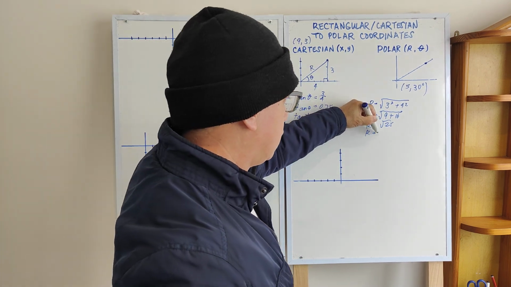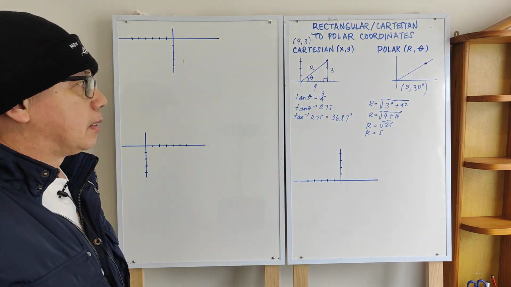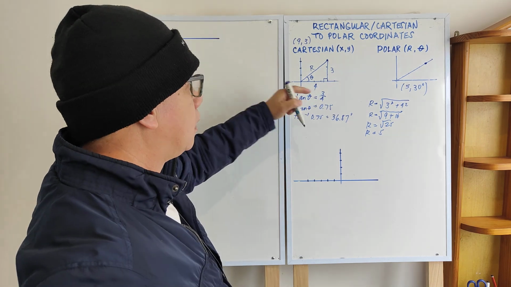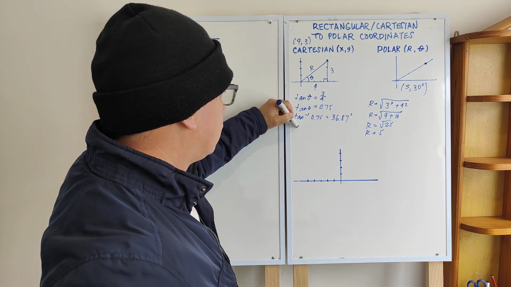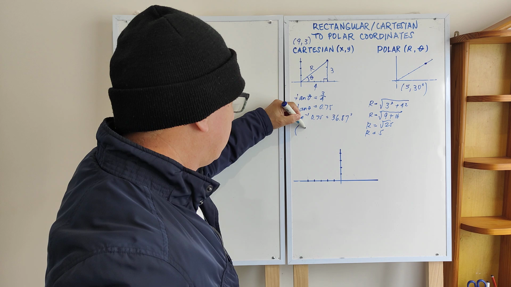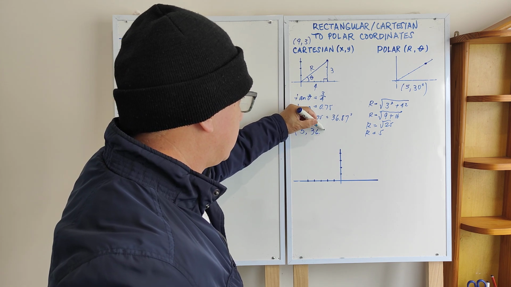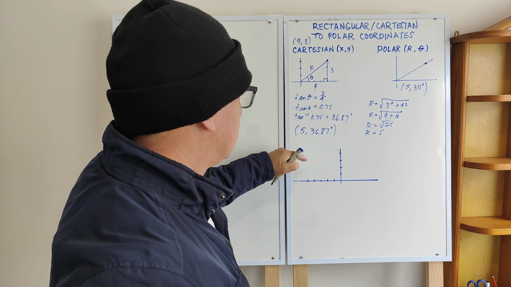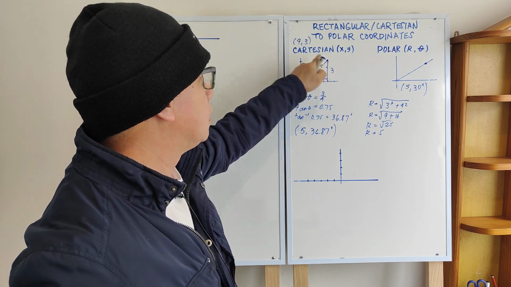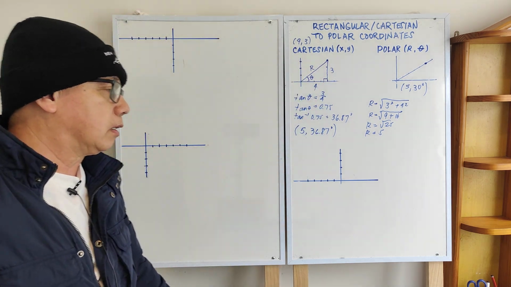So r is 5. So your polar coordinate will be 5 and 36.87 degrees. This coincides with the Cartesian coordinate of 4 and 3.